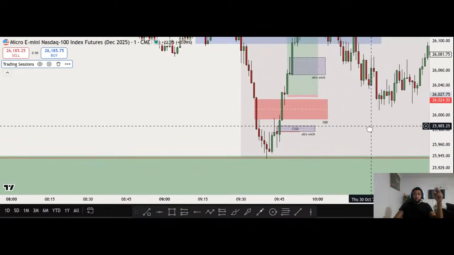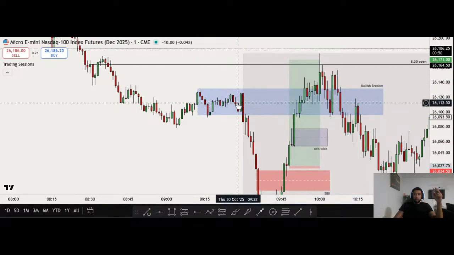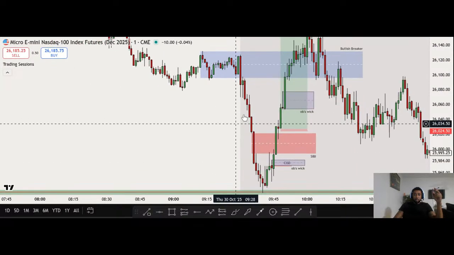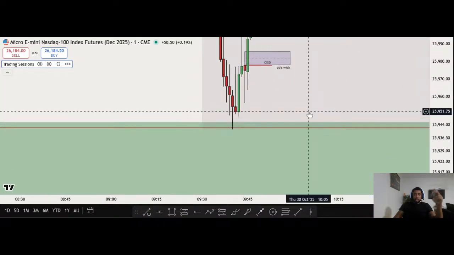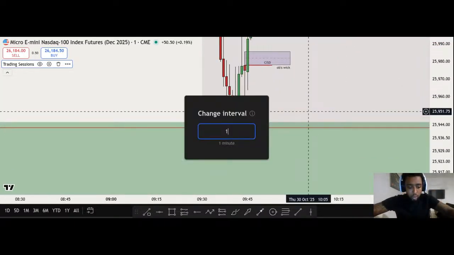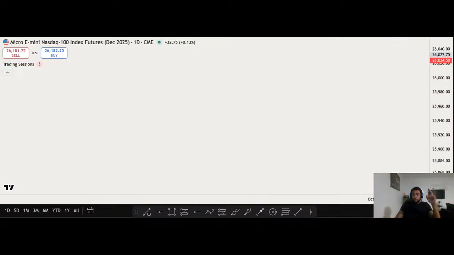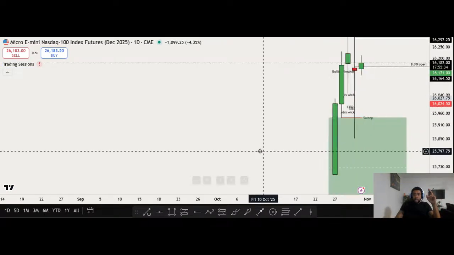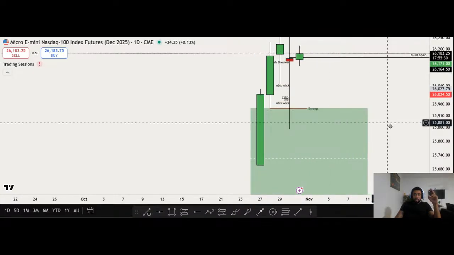You see here below, market opens right here. We trade down into this higher time frame PD array, right? If I go to a daily chart, you see how we tap into this higher time frame inefficiency.